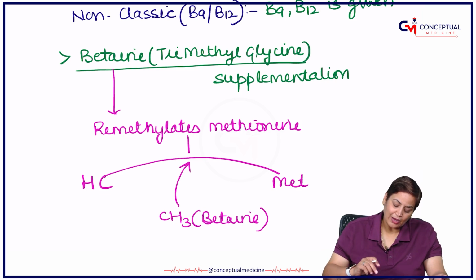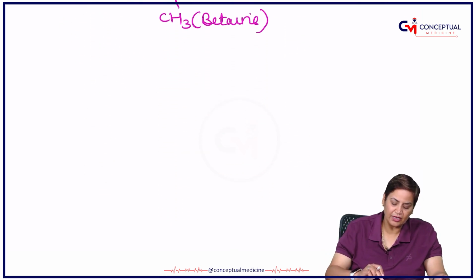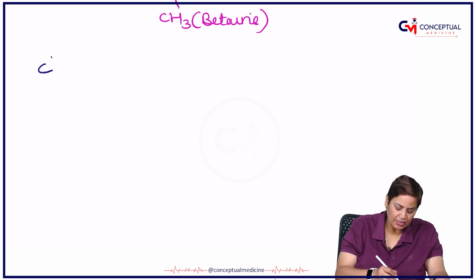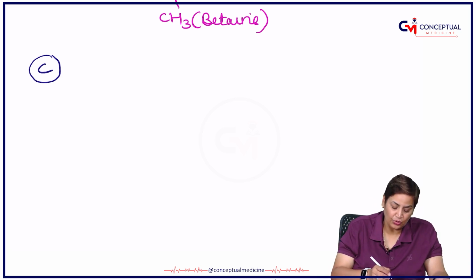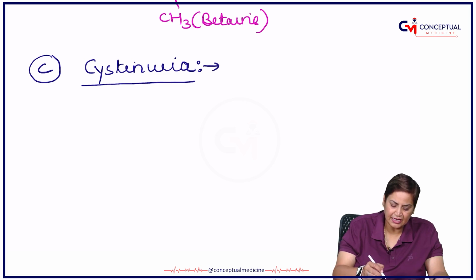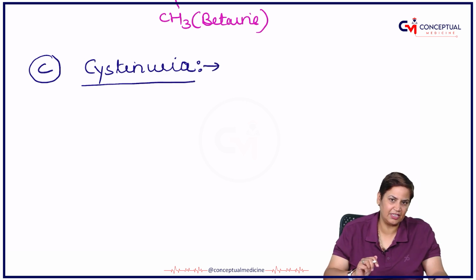Then we come over to another important disorder which is related to the sulfur containing amino acid metabolism, which is cystinuria. Now in this cystinuria, what is the reason behind it?